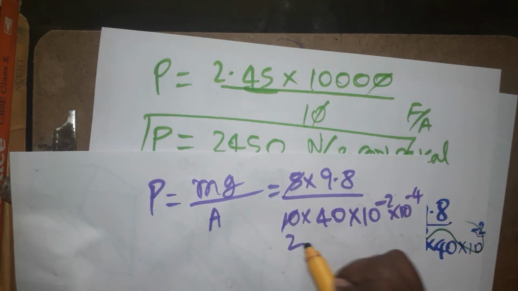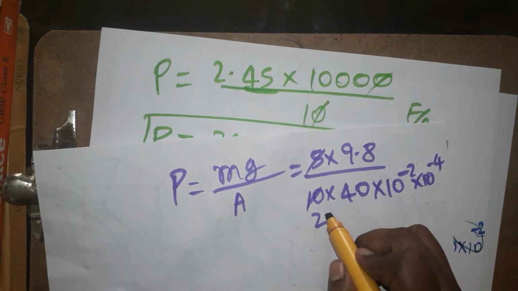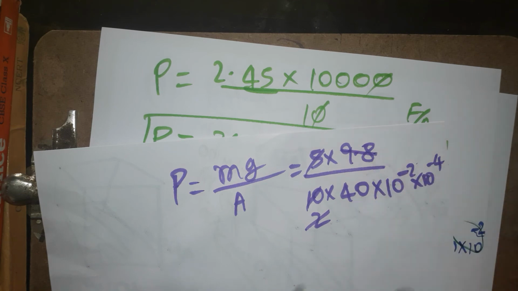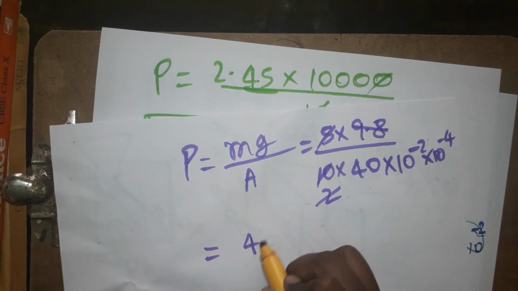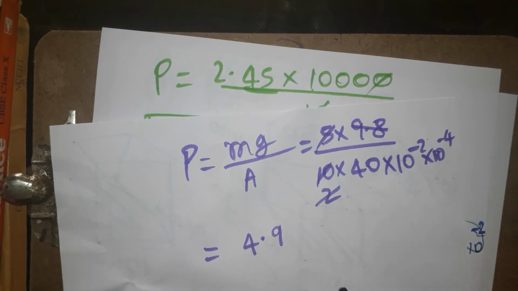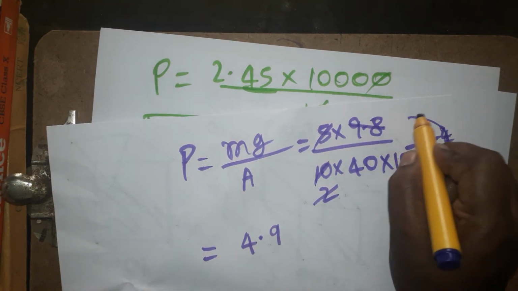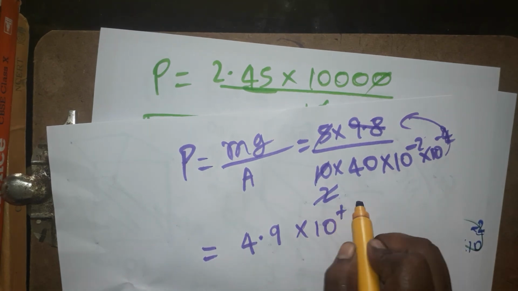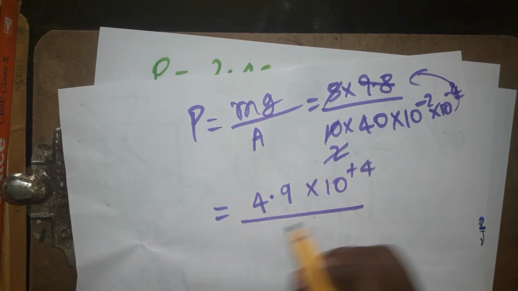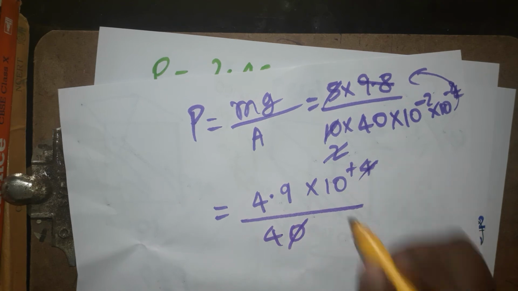This is going to be 2 times. If you are cancelling this into this, I will get 4.9. From the denominator, minus 2 minus 2 becomes minus 4, so as numerator 10 power plus 4 will come. Again in the denominator we have 40, 1 zero will get cancelled.